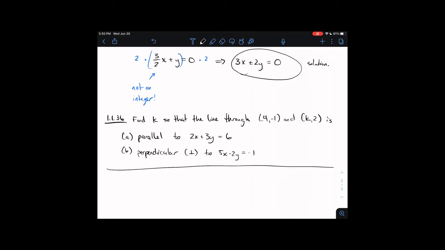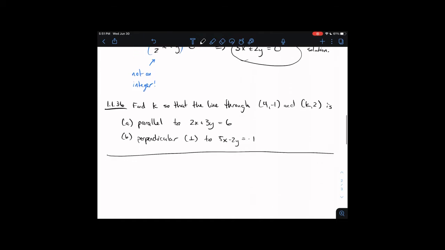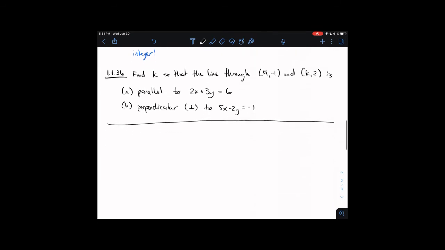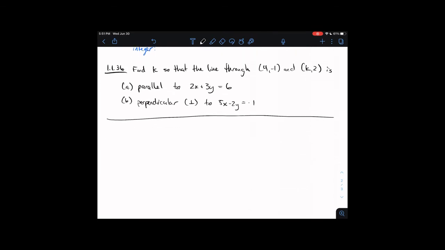So both of these are going to involve a slope. Parallel means same slope. Perpendicular means the slope is a negative reciprocal. Basically, if we're given 2 points, we can find the slope just from those 2 points.